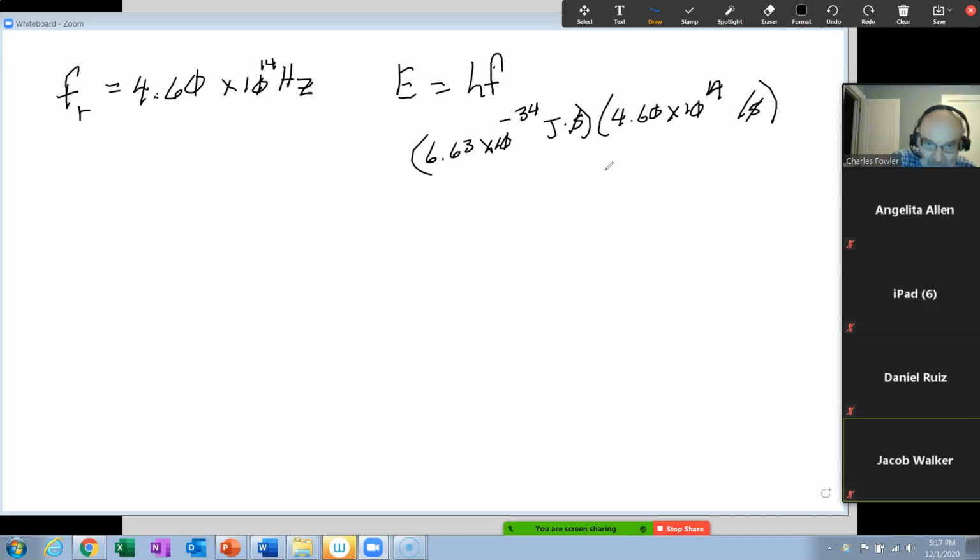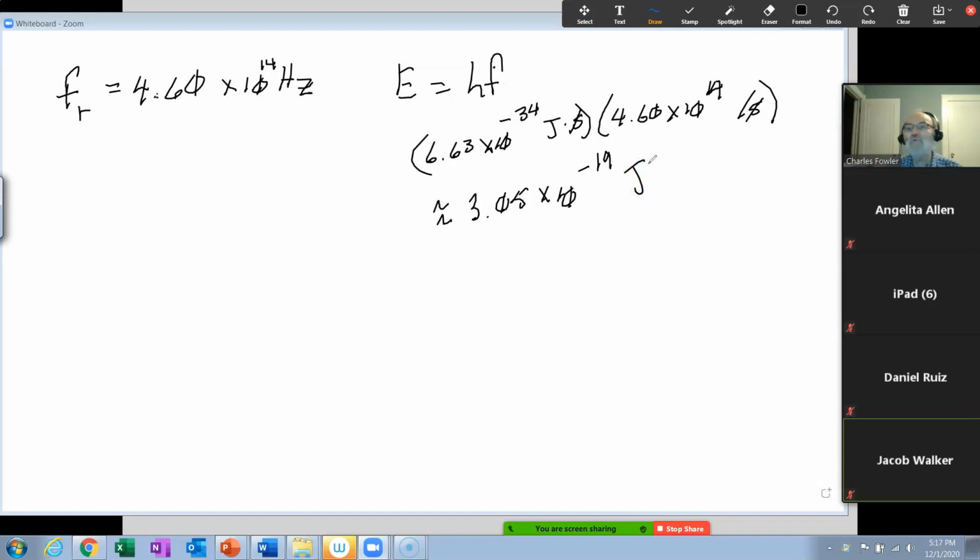That would be approximately the energy of 3.05 times 10 to the minus 19. That's still an awfully small exponent, and that would be joules. And a joule, remember, is a really small unit of energy too.